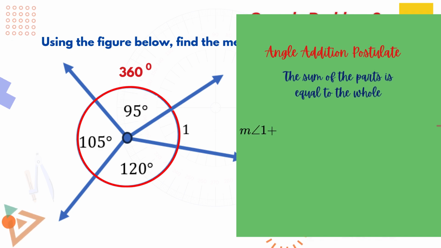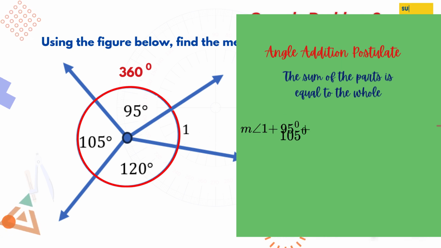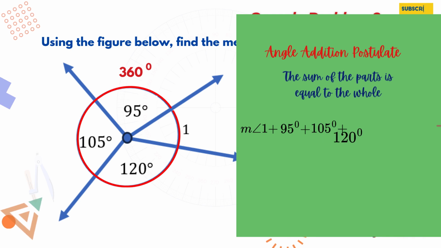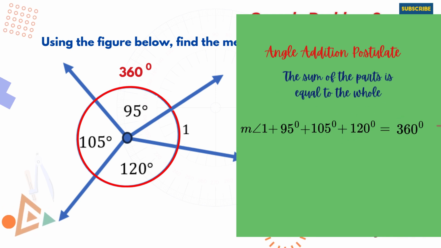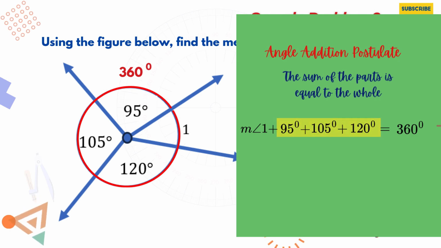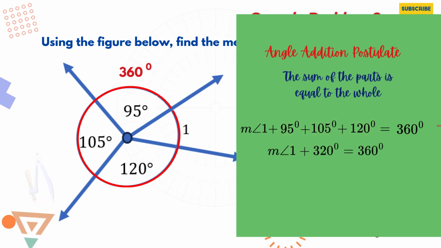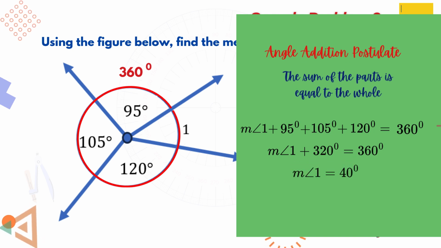Thus, the measure of angle 1 plus 95 degrees plus 105 degrees plus 120 degrees is 360 degrees. Adding 95 degrees, 105 degrees, and 120 degrees gives us 320 degrees. Subtracting 320 from both sides of the equation gives us this.